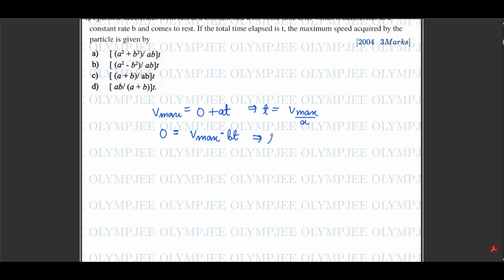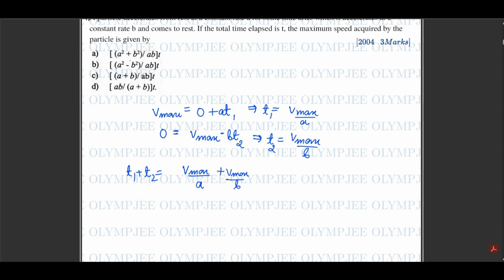Also, t1, the time for achieving maximum velocity, is v max by a, and the time for losing that maximum velocity is v max by b. So the total time elapsed, which is t1 plus t2, is given by v max by a plus v max by b.